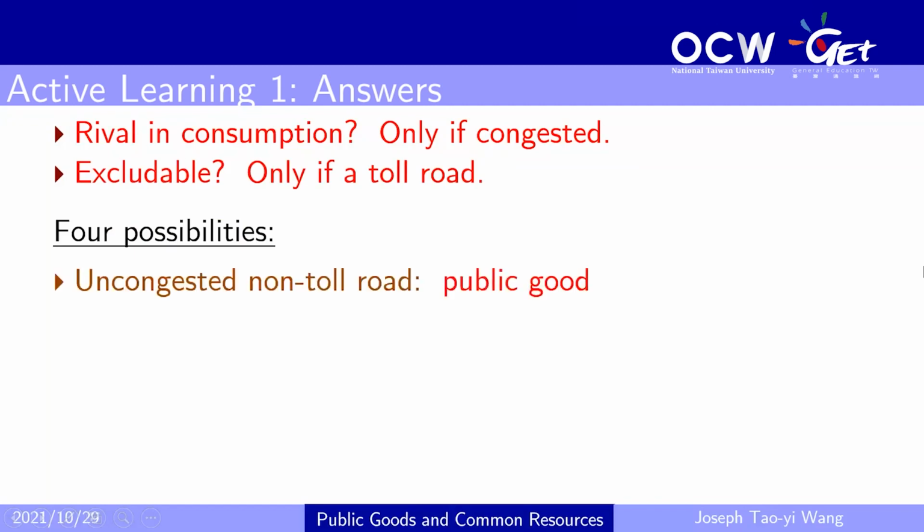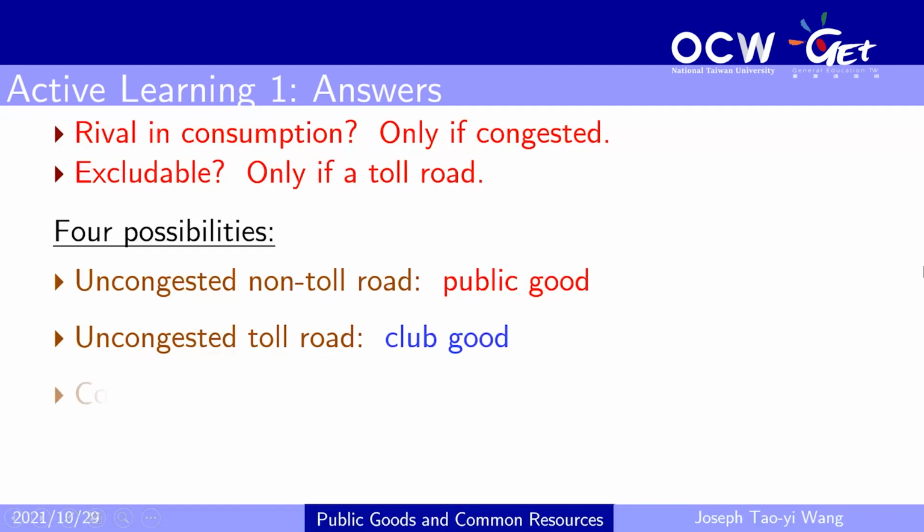If you have an uncongested non-toll road, for example Roosevelt Street at midnight, it's uncongested and not a toll road, so it's a public good. But if you go on an uncongested toll road, like the highway at midnight, you have to pay, but it's uncongested, so it's a club good.